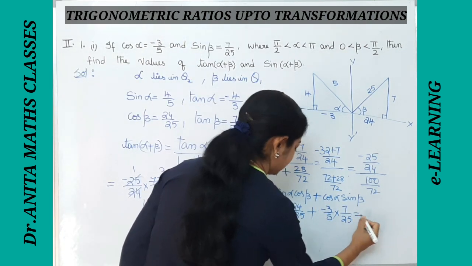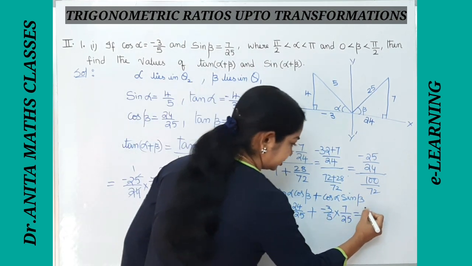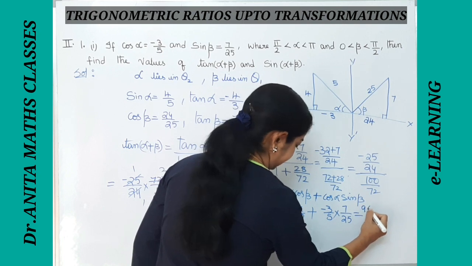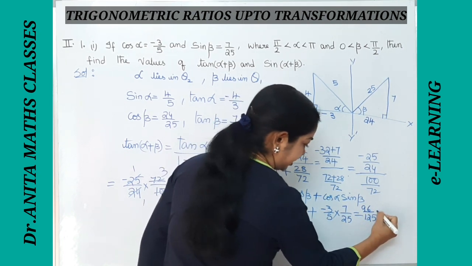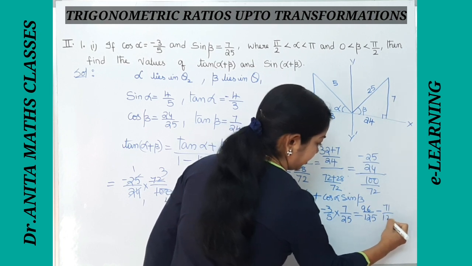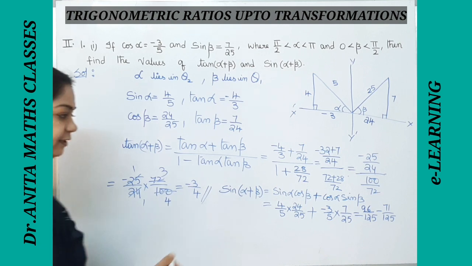So this comes to, if you take 24, here 24 fours. So that comes to 96 upon 125, minus 71 by 125, 7 threes 21 here.